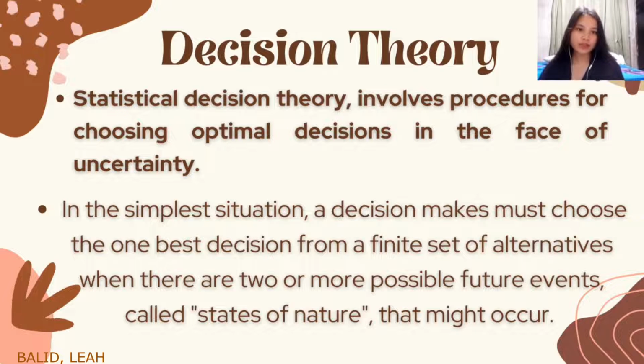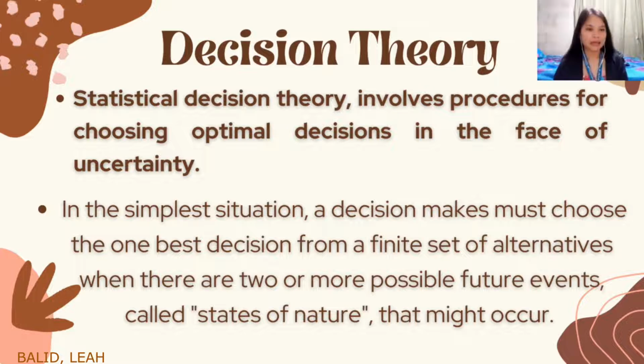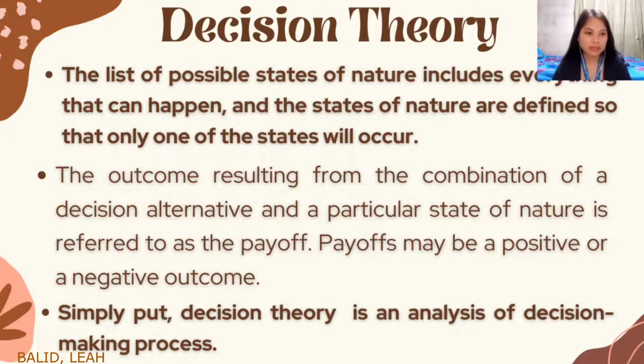In the simplest situation, a decision maker must choose the one best decision from a finite set of alternatives when there are 2 or more possible future events, called the states of nature, that might occur. The list of possible states of nature includes everything that can happen, and the states of nature are defined so that only one of the states will occur.